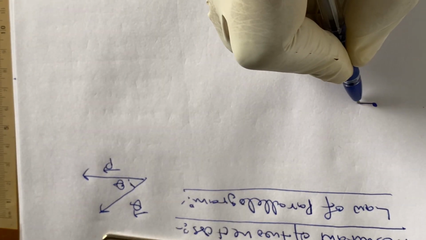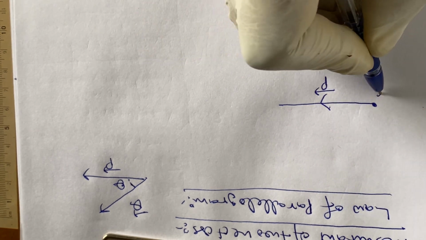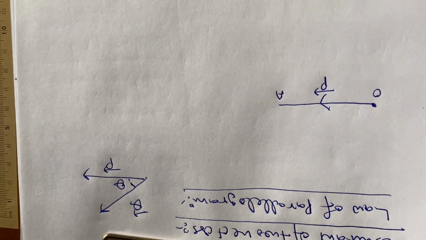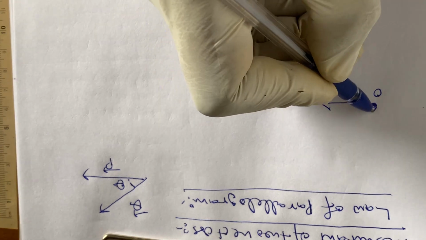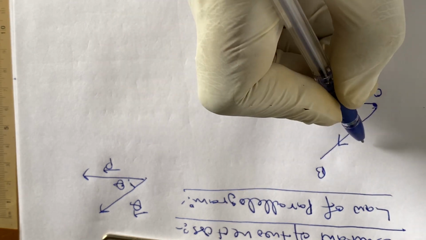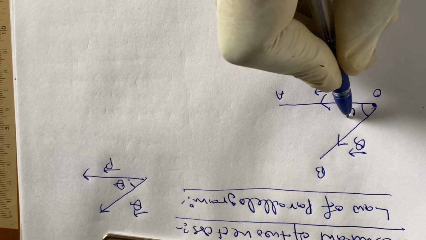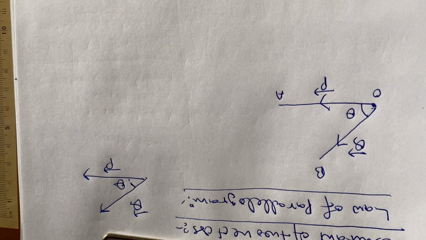Say this is vector P. Let me represent it with OA. So what is OA? It's vector P. Say this is OB, which is vector Q. These two vectors are inclined at angle theta, and we wish to find the resultant of these two vectors.